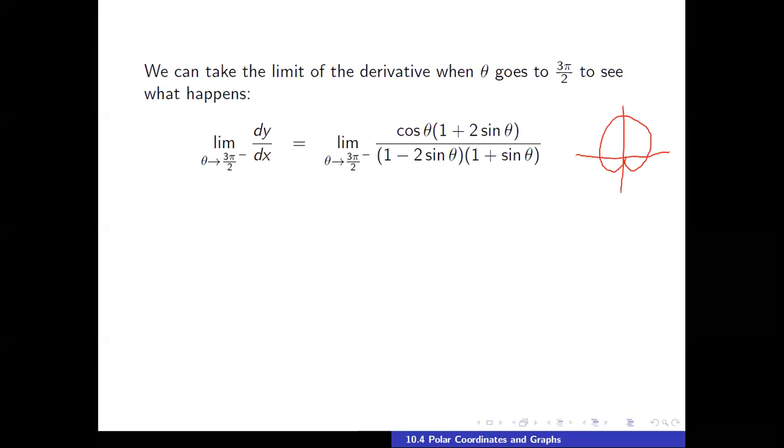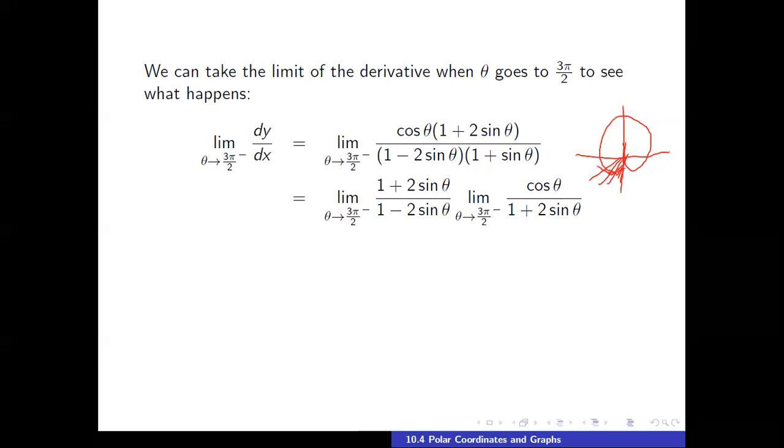The tangent lines are going to get more and more vertical as we approach 3 pi over 2 from the left. You see what I'm saying here? So we're going to look at the slope of the tangent line as we approach 270 degrees from the left. There that thing is in its factored form.